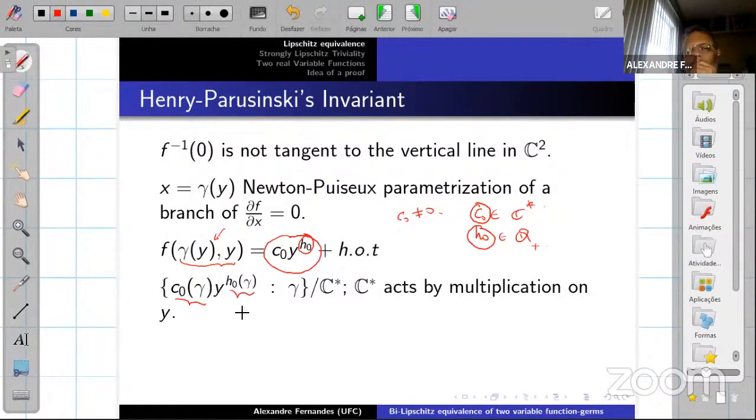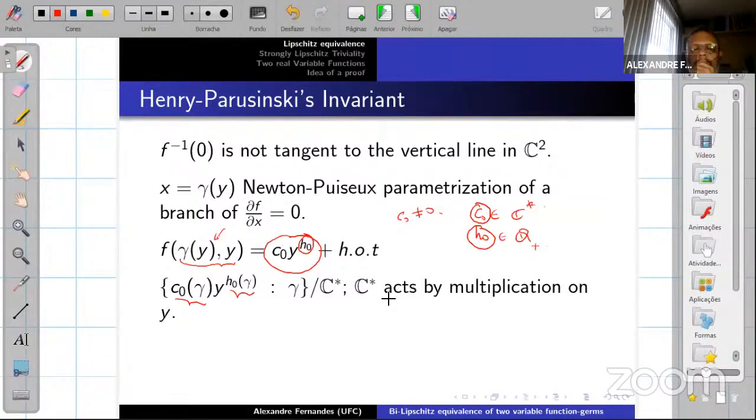You separate this monomial for any branch parameterization of the polar curve. Okay, and you divide this by C star, considering a C star action on this set. This action is given by multiplication on this variable.